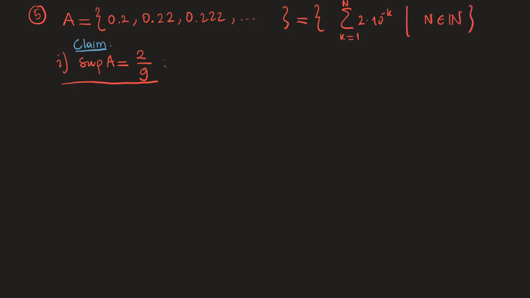In this formula, we can understand that these numbers are just partial sums of this general formula. We claim that the supremum of this set is 2/9.